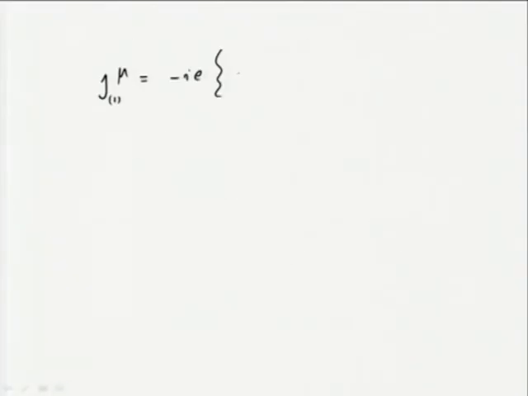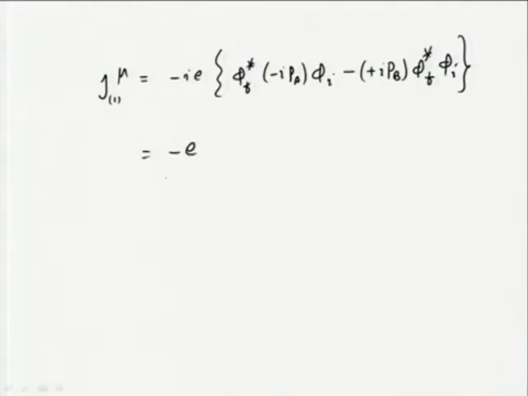So, J mu is equal to phi_f star (minus i p_a) phi_i minus (plus i p_b) phi_f star phi_i. This is equal to minus e, then I have p_a phi_f star phi_i, and in the second term I have a minus i and minus i, that is what is taken out.